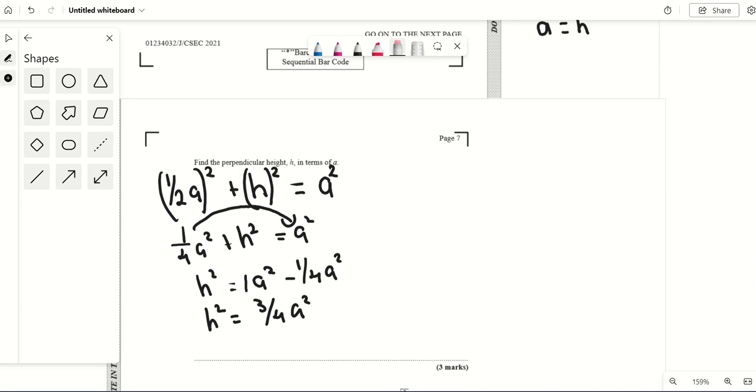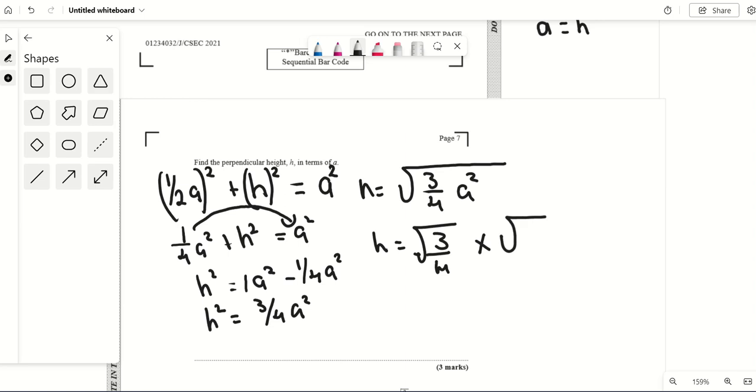Alright, then after this, we want to make H the subject. So it is going to be the square root. So H is now the square root of 3/4 A squared. Now you can leave it like this, or you can break it down further. You can say H is equal to the square root of 3/4 multiplied by the square root of A squared, right?